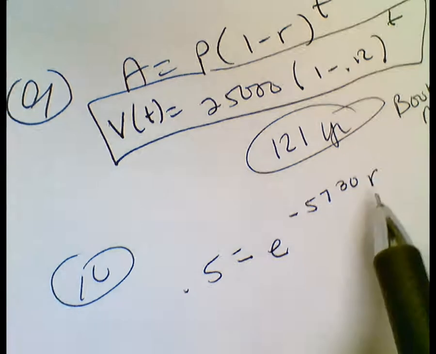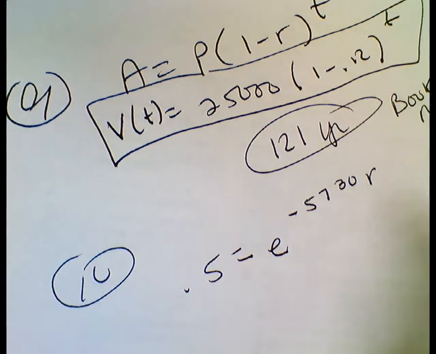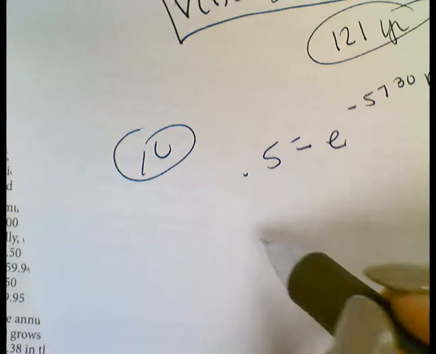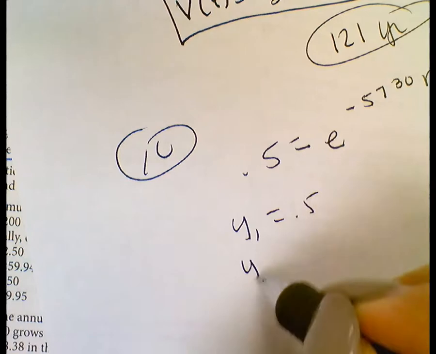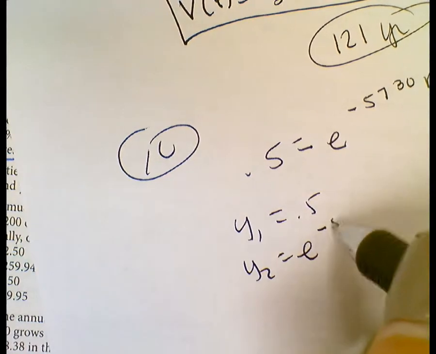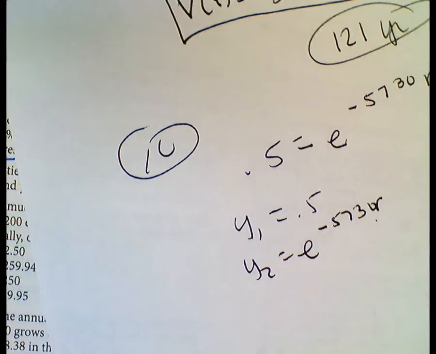So if I wanted to solve for R, let's take the log of each side. Here's 2 ways you can do this. You can go y1 equals 0.5 and y2 equals this, and see where they intersect. That's one way.